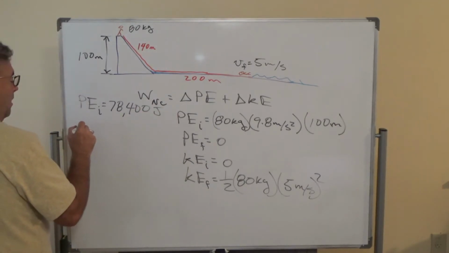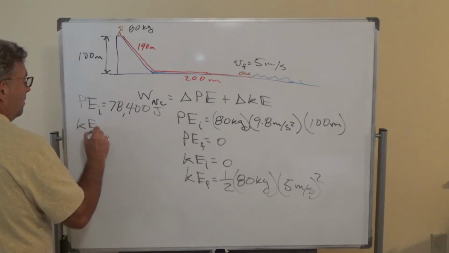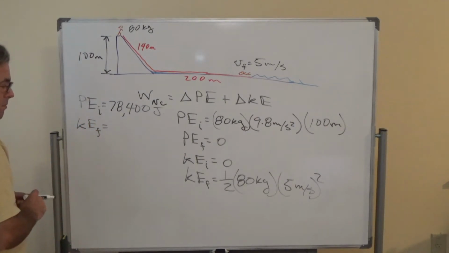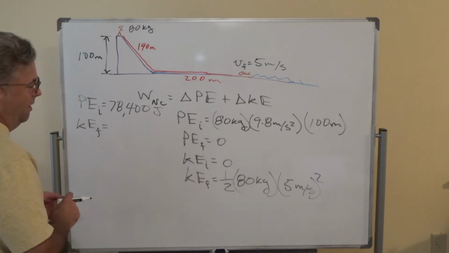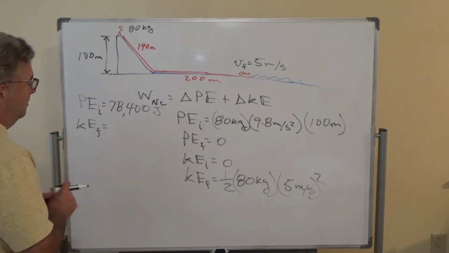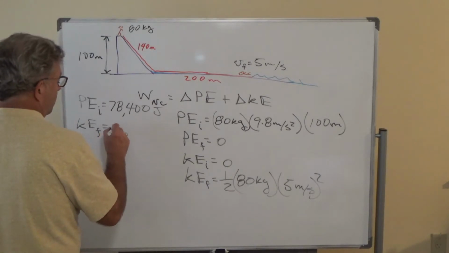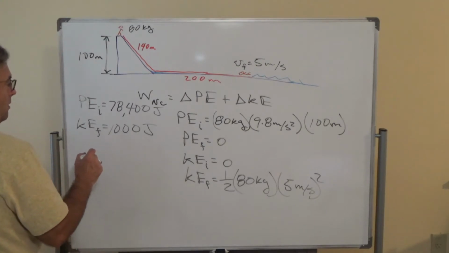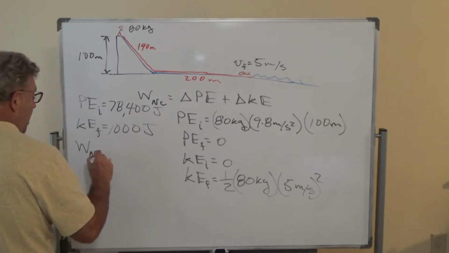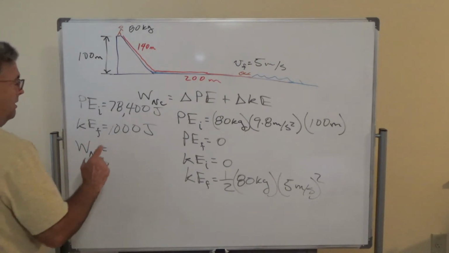Okay. KE final. That one's 1,000. Okay. 1,000 joules.